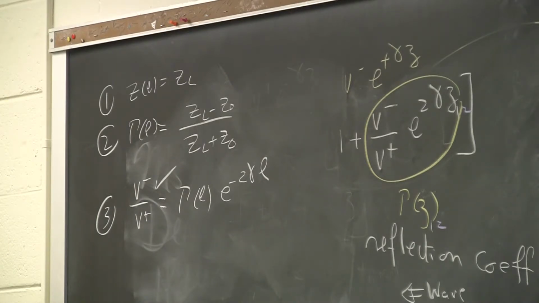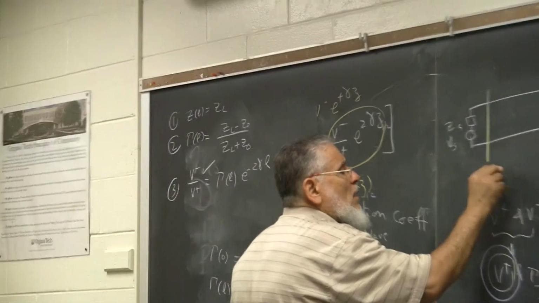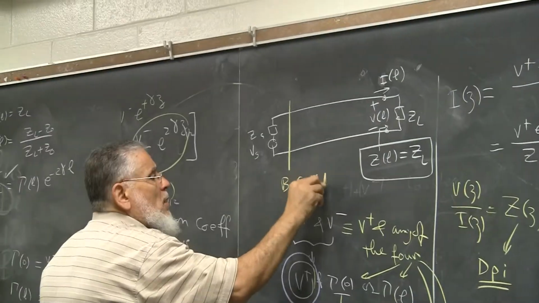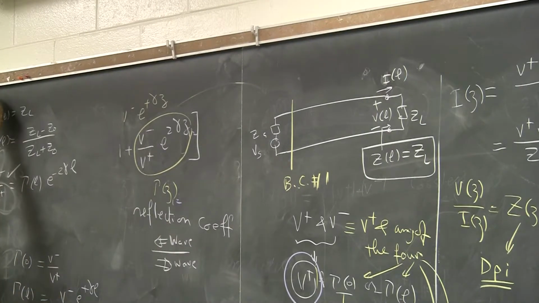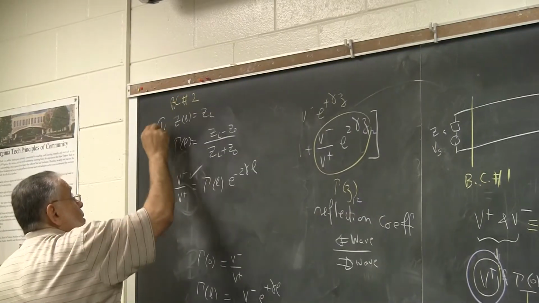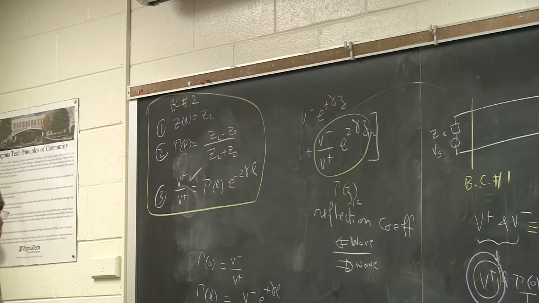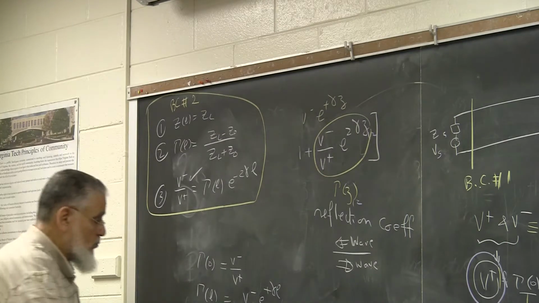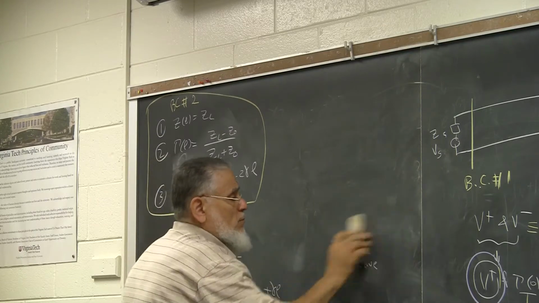Now to get the second boundary condition, which is right here, number 1. Let me label this as boundary condition number 2. Do boundary condition number 1.